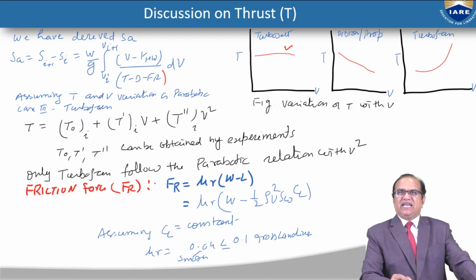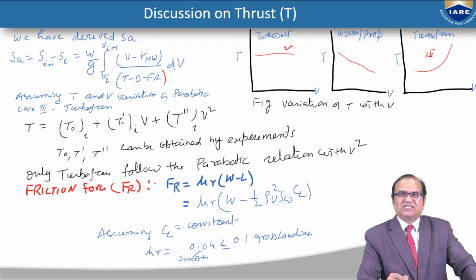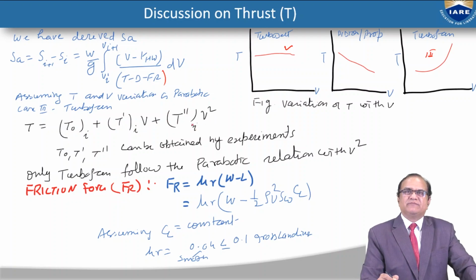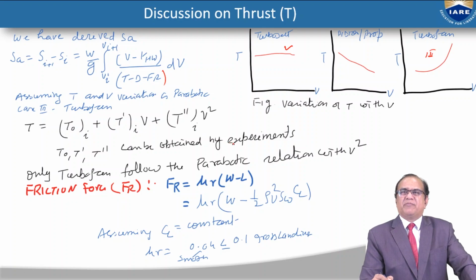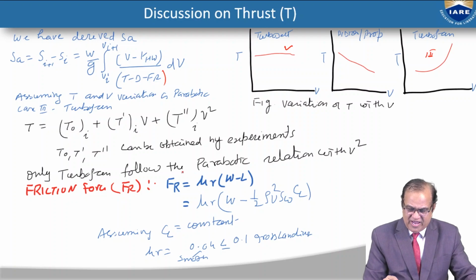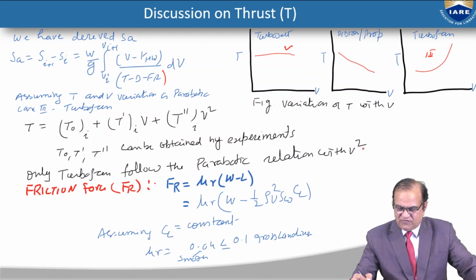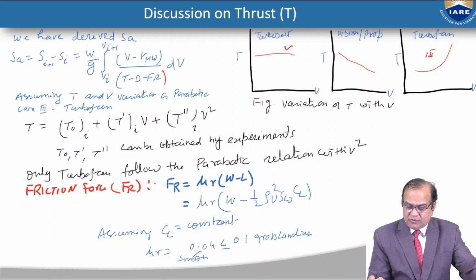Assuming that the T and V variation is parabolic, for case 3 here, T is equal to T0i plus T'i V plus T''i V squared. Here T0, T' and T'' can be obtained experimentally. Only the turbofan follows the parabolic relation with V squared, so this equation is for the turbofan.